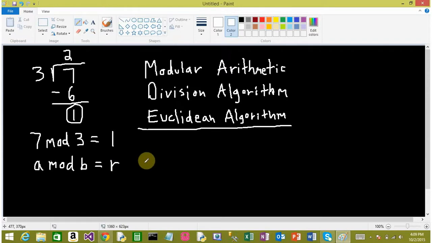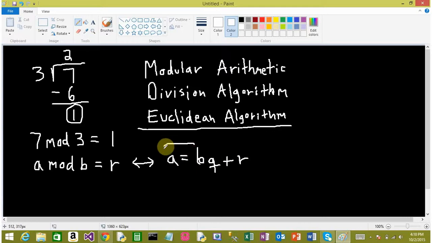This is also equivalent to this equation: A equals B times Q plus R. So A is the dividend, B is our divisor, Q is the quotient, and R is the remainder.